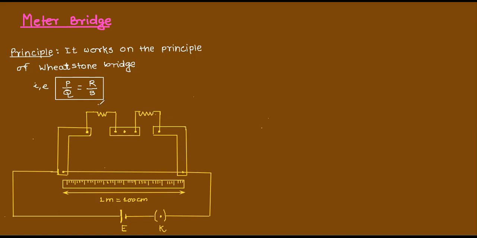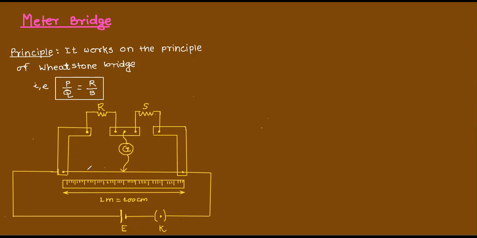So this left gap has resistance R connected. This side it is S. And now from this you have to take one wire, and there is a galvanometer connected. This is a galvanometer, and this one is the jockey, which will make the contact here.